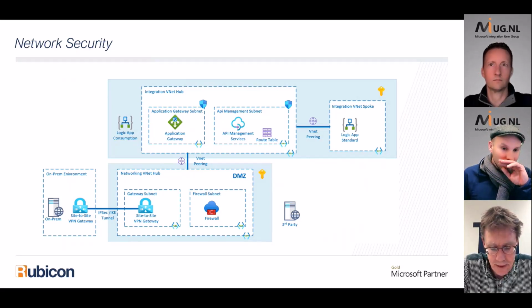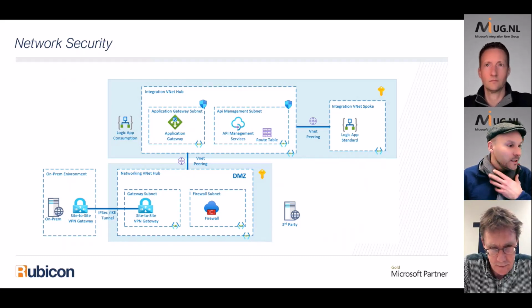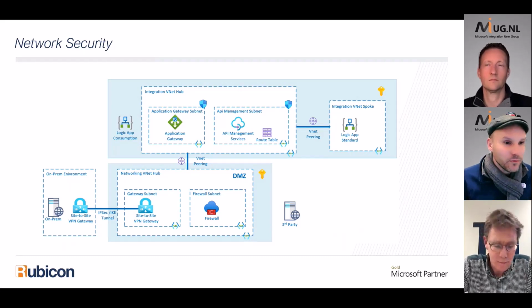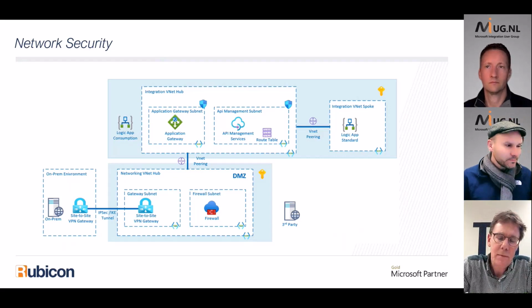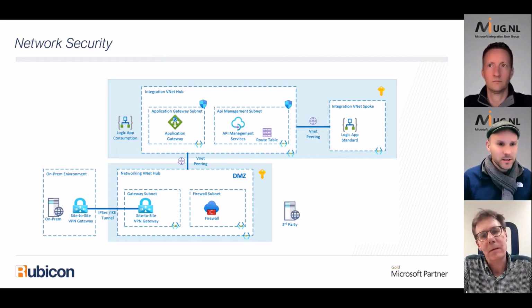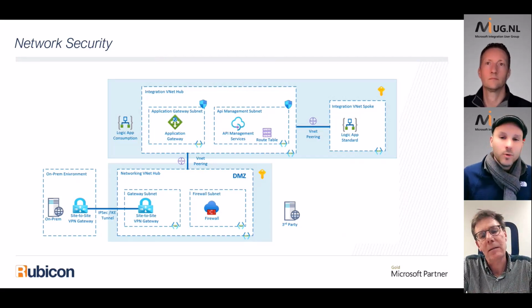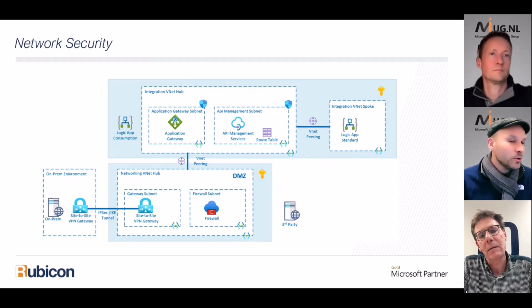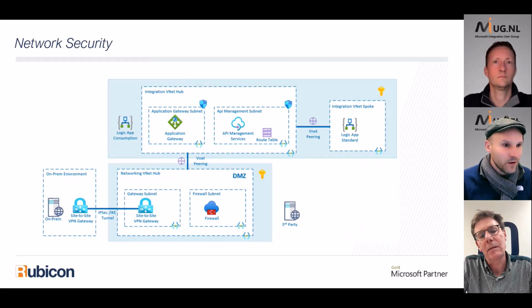So you explained a little bit about the app gateway in front of the API management. And we know that the app gateway does the certificate termination. But what if you want to do the validation of the certificate in API management? How would you solve that? How would you advise on that to go?